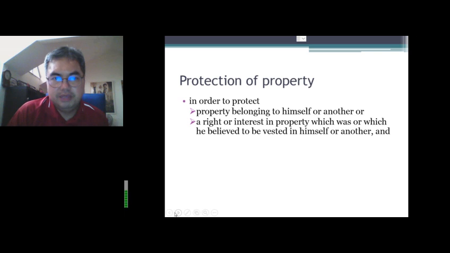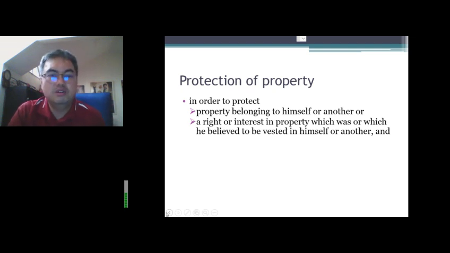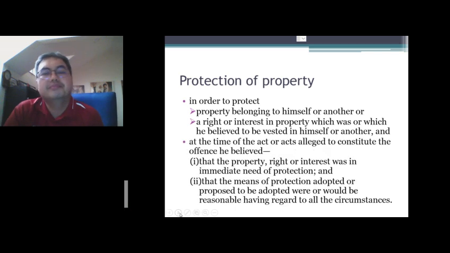Now 5.2b talks about if he destroys property in protection of other property, right? In order to protect either property that belongs to himself or a right or interest in property which was or which he believed to be vested in himself or another, and he believed that the property was in fact in need of protection at the time of the act, and that the means that he used were reasonable, having regard to all the circumstances.